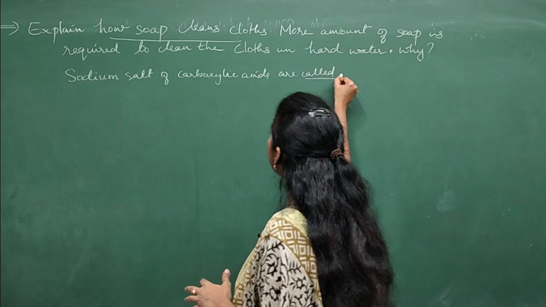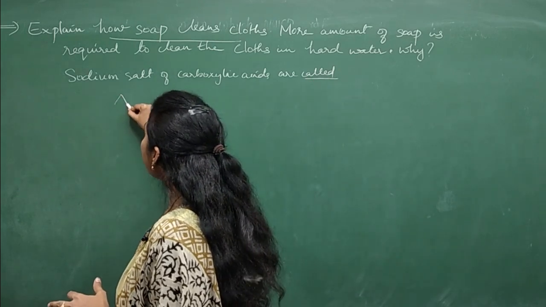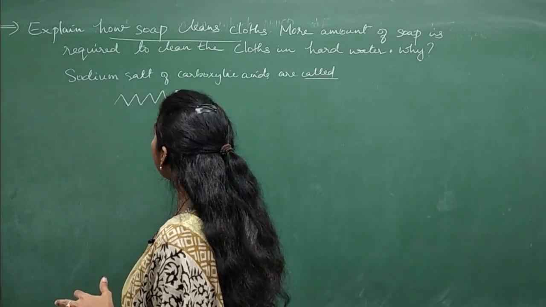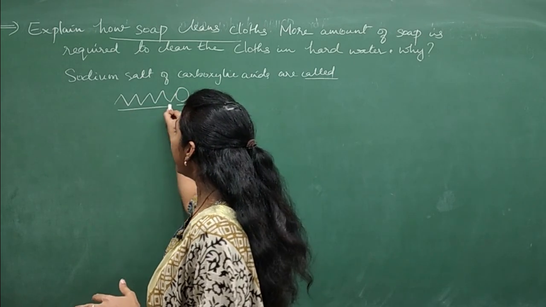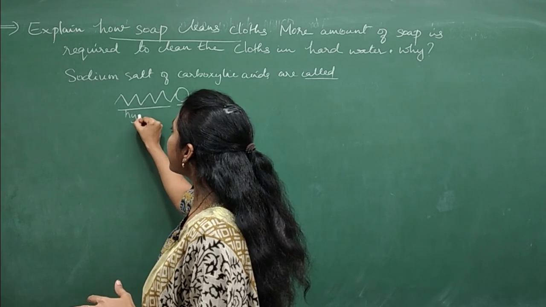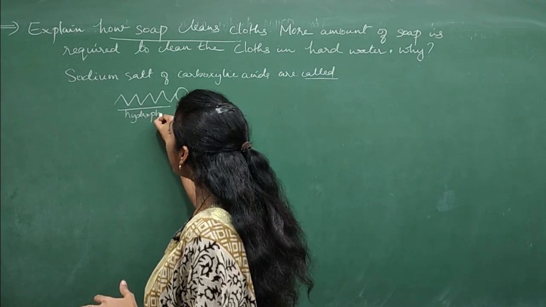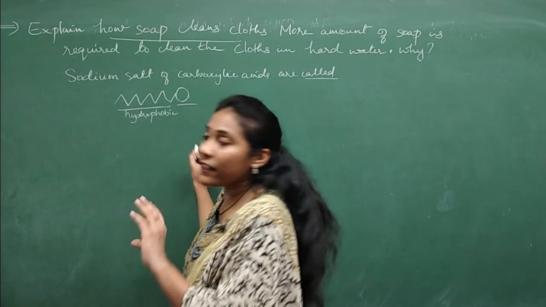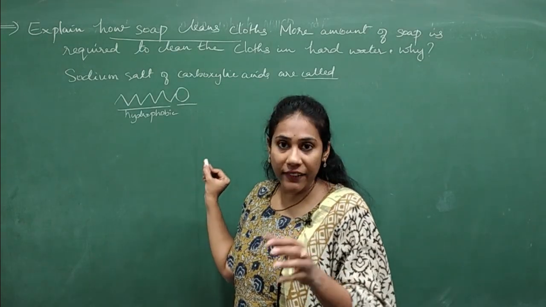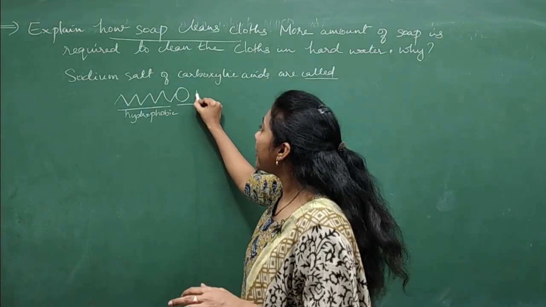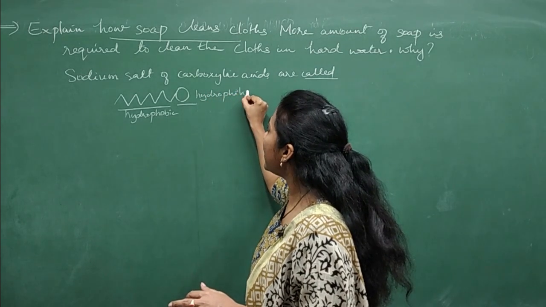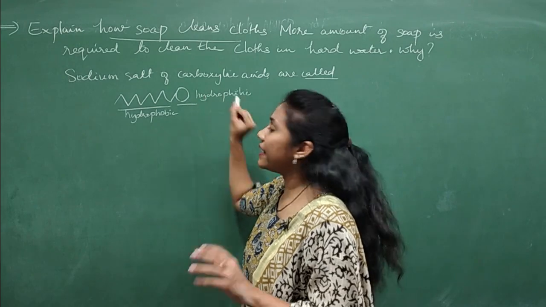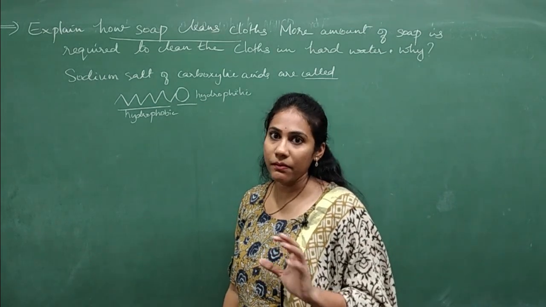So how do you represent a soap molecule? You will write a soap molecule diagrammatically like this. So this is the head part, this is the tail part. The tail part is hydrophobic in nature, that means it will not like to dissolve in water. And the head part is hydrophilic in nature. Hydrophilic in the sense it has nice attraction with water, isn't it?